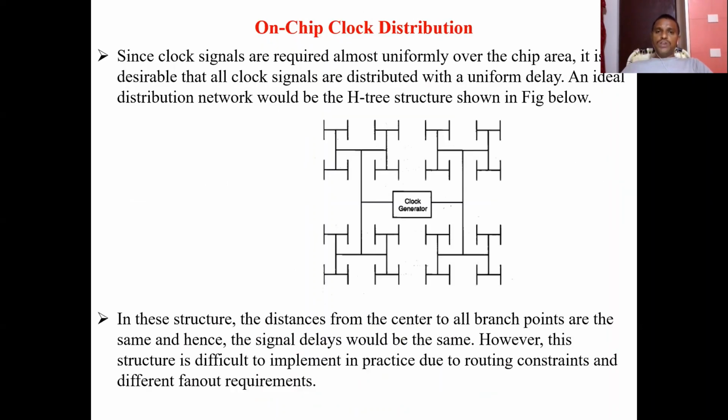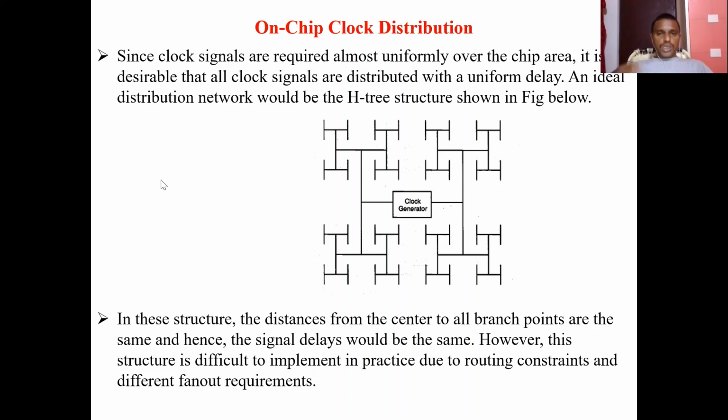Now we'll go on to how we can distribute them. So if you observe here, it is on-chip clock distribution. Since clock signals are required almost uniformly over the chip area, on any integrated circuit all the clock signals are uniformly distributed. It is desirable that all the clock signals are distributed with a uniform delay also.